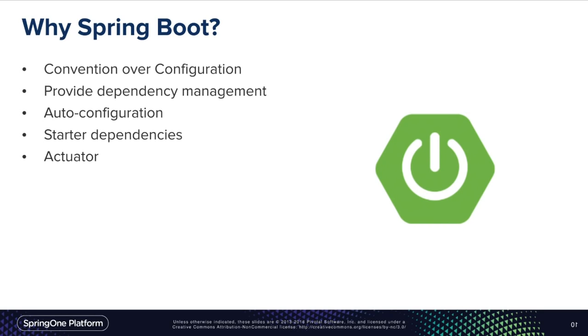You just need to tell Spring Boot, I want to use web, JPA, and everything is going to be configured by itself, by Spring Boot. You don't need to write code for that. That's the reason why our developer experience is going to improve. And during the demo, we are going to see this.